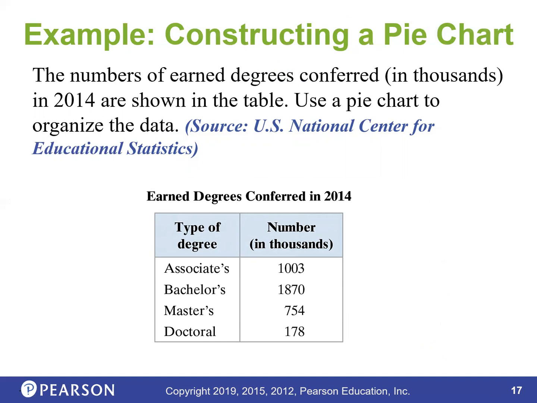So a little dated, that's okay. I've got associate's degree. Everybody knows what an associate's degree is? Bachelor's degree at the university, a master's degree, and then a doctorate degree.